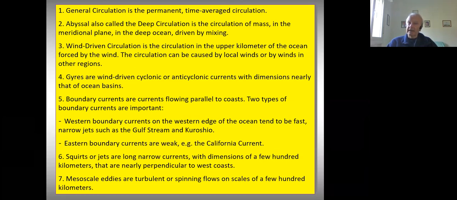Abyssal circulation, on the other hand, is determined again by differences in temperature and salinity. But in that case, the differences are determined by vertical mixing and not by the direct influence of solar heating or evaporation minus precipitation. The influence of solar heating or evaporation minus precipitation has been transferred to deeper layers by the vertical mixing. This is why it says driven by mixing.